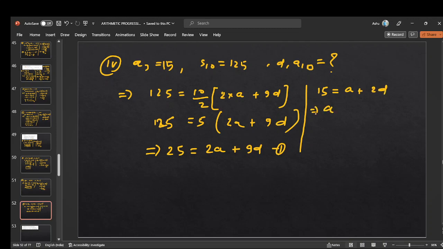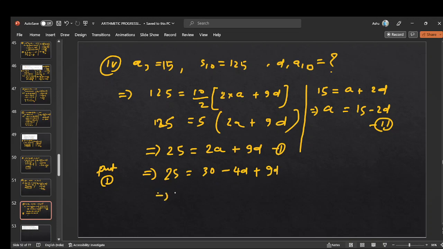Then we can find out the value of A. It will be 15 minus 2D. This is equation 2. Put here the value of A in equation 1. We get 25 equal to 2 into A, that means 30 minus 4D plus 9D.